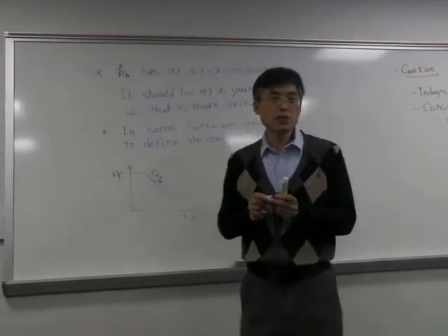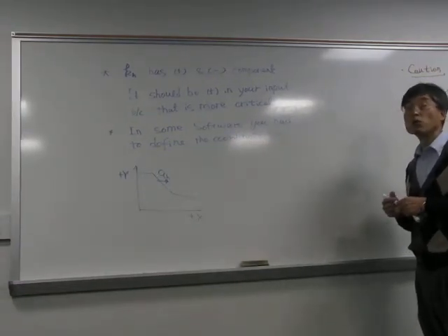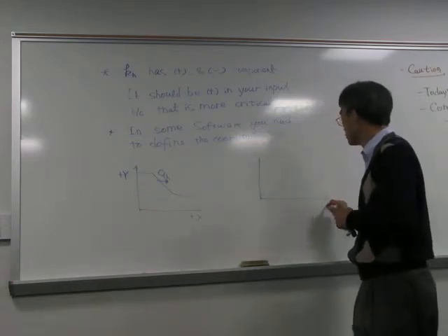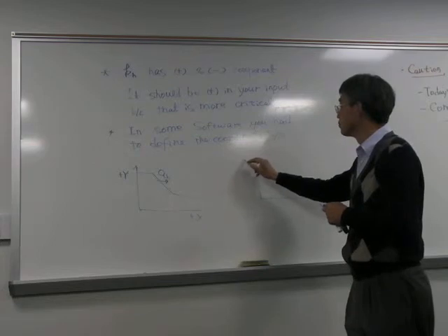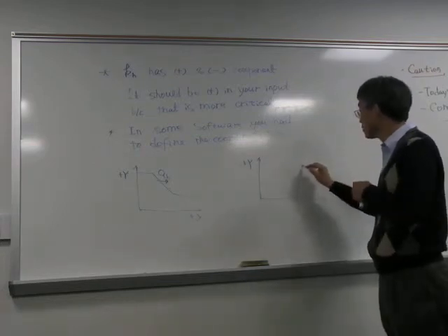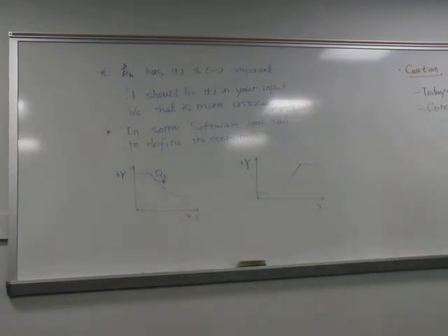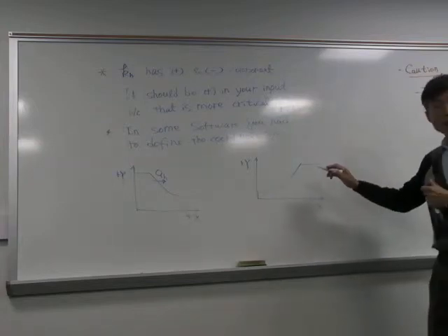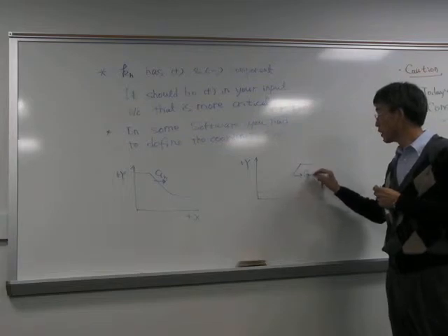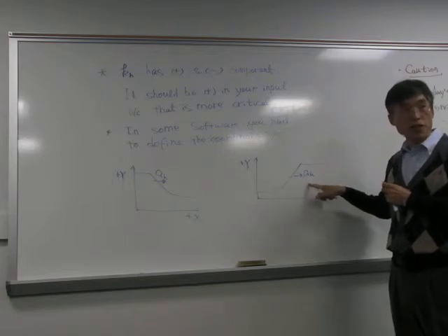But time to time, especially for the beginning engineers, they may do really weird things. Let's say you define your coordinate system, and you may define your slopes in this way. If you define your acceleration this way, because I said it should be positive, then this positive is wrong positive, right?